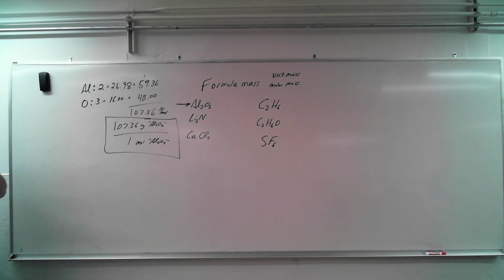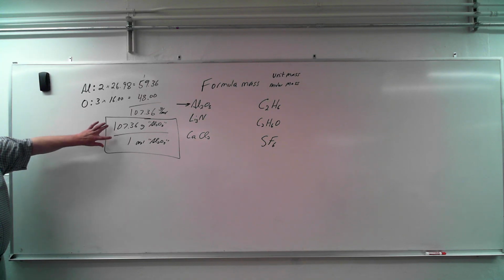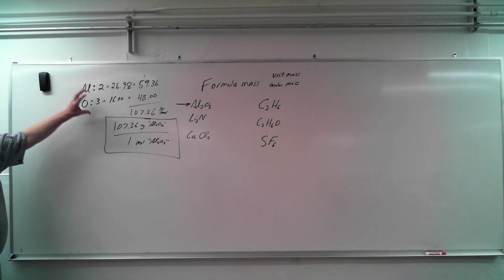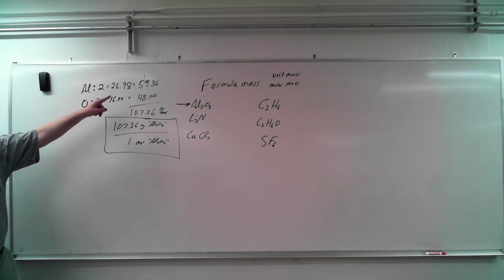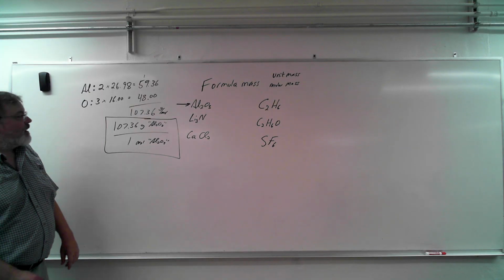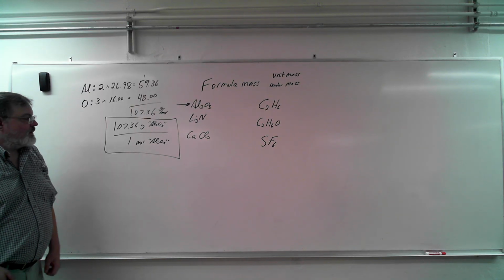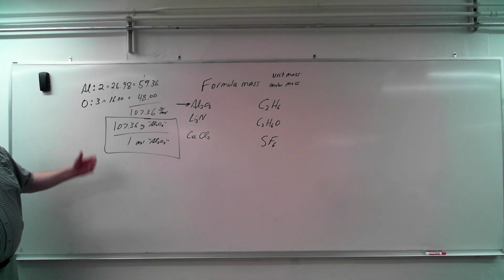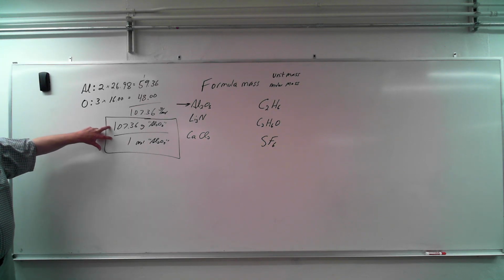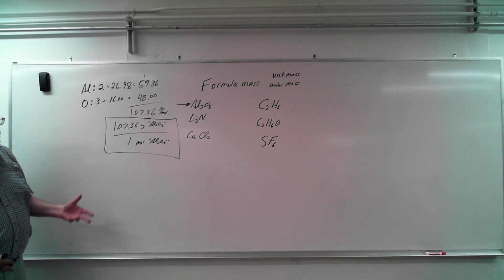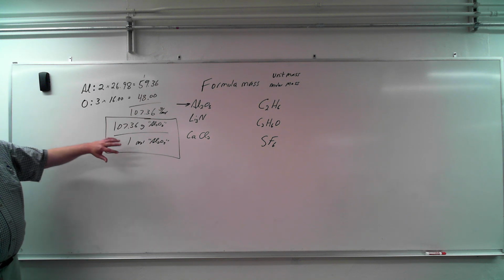If we were just dealing in aluminum atoms, we would just look at the periodic table and get the grams per mole from there. But when you've got a compound, you've got to add up everything that's there, and then this is the grams per mole for this compound. So you can solve problems like, if I had 2.63 grams of aluminum oxide, how many moles do I have? Or I could say, I have this many moles of aluminum oxide, how many grams is that?